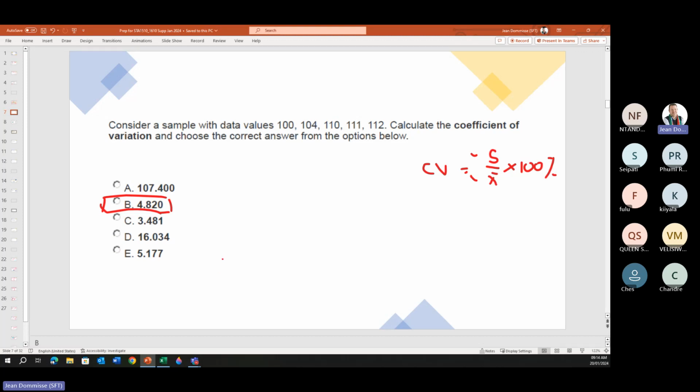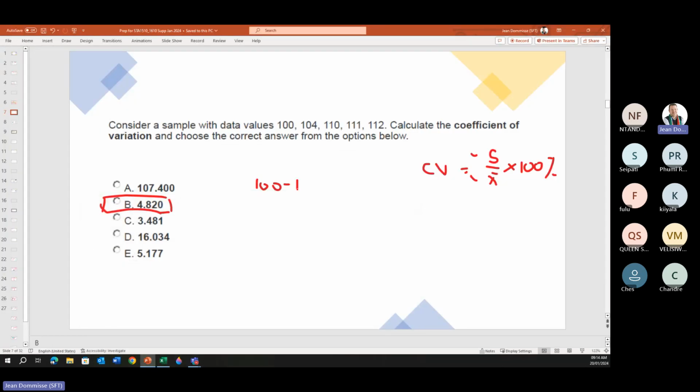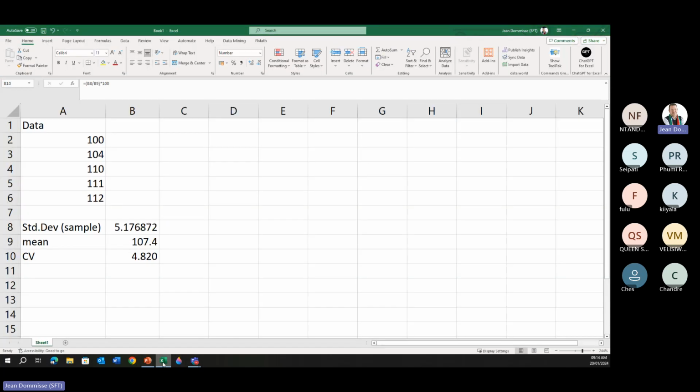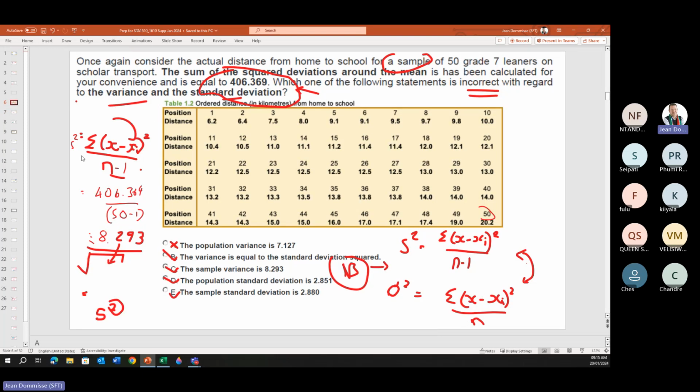Okay, so unfortunately, again, I would not in the exam go and work out the hand method, to say 100 minus, and first you would have needed to work out the mean, but 100 minus 107, what was it, 0.4, 0.2, 0.4, because that is how we would have needed to work out the standard deviation, if you remember that formula.